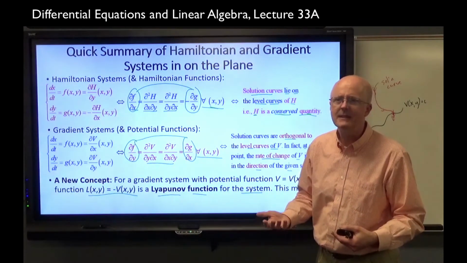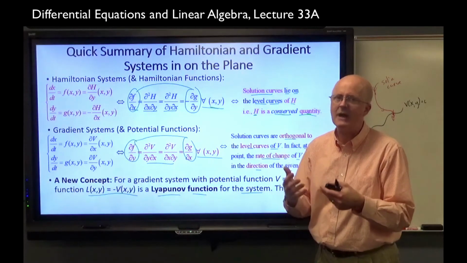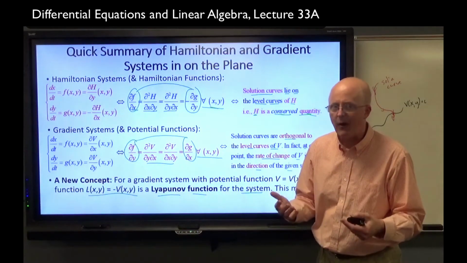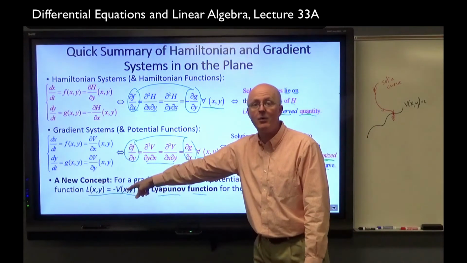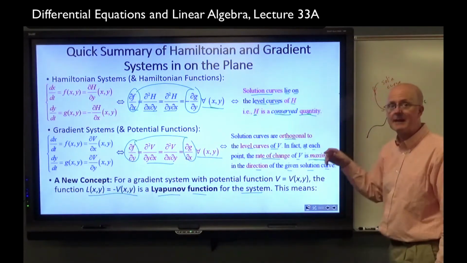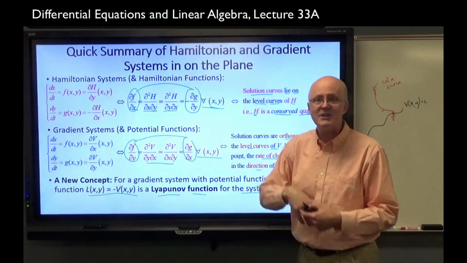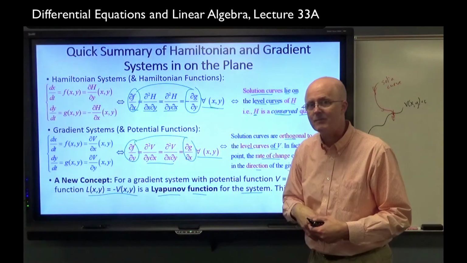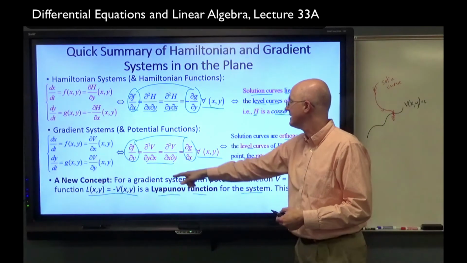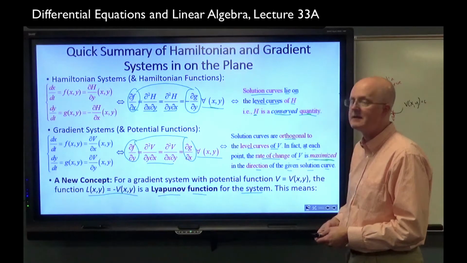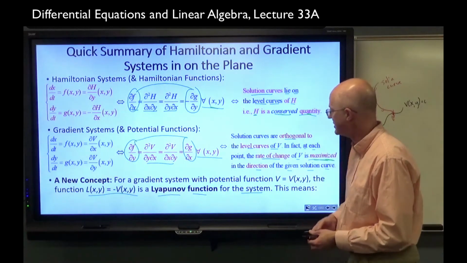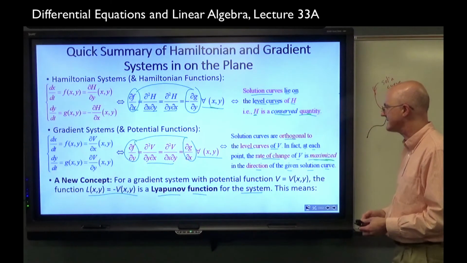V increases. And it kind of makes more intuitive sense to want your solutions to flow downhill. So the level curves of L will be the same as the level curves of V, except the direction that the function increases will be the opposite. The values of L will be the opposite of the values of V. And also the direction they increase or decrease changes as well. Again, we'll see an example.